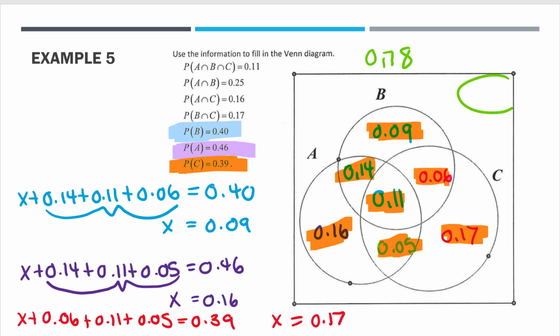So that means that we need a number that's remaining to go inside of our rectangle. So basically, the probability that it is not event A, B, or C. So to find the complement, we will take that 0.78 and subtract it from 1. So what's left over is 0.22.